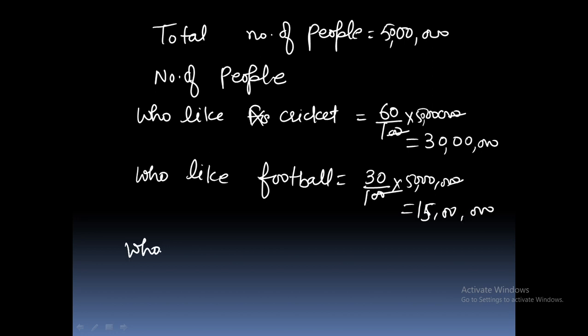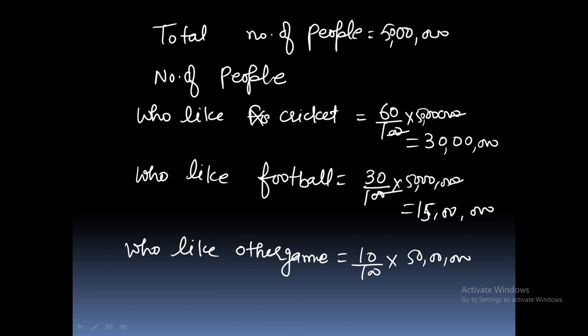Now the rest who like other games, that is 60 plus 30, 90. Out of 100, 90 minus, we will get 10% of those people who like other games. 10% of 50 lakhs, we will get 5 lakhs.